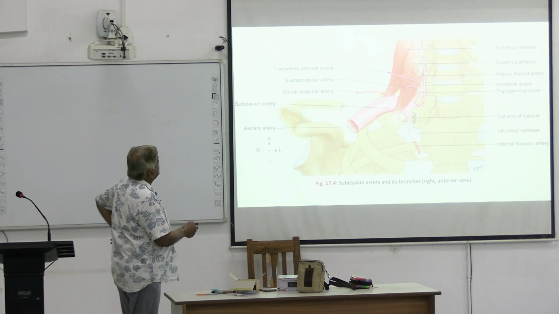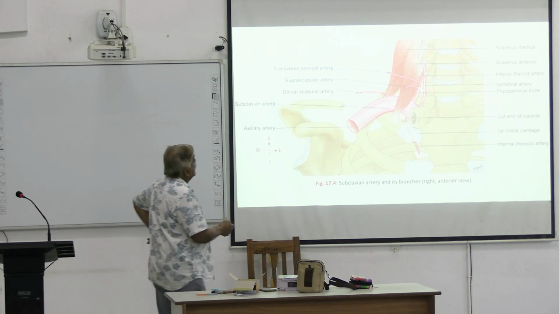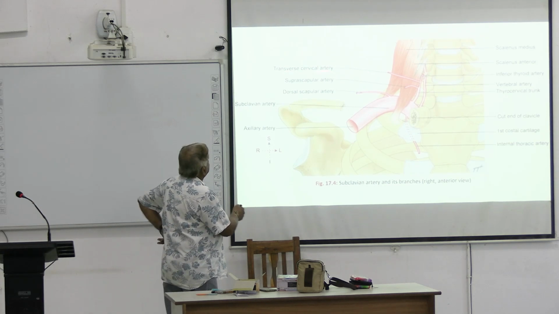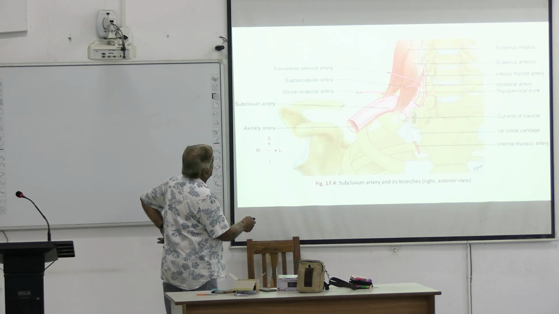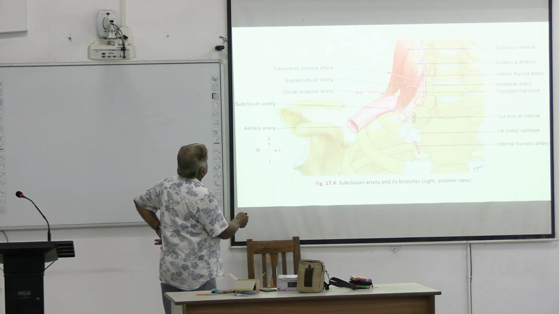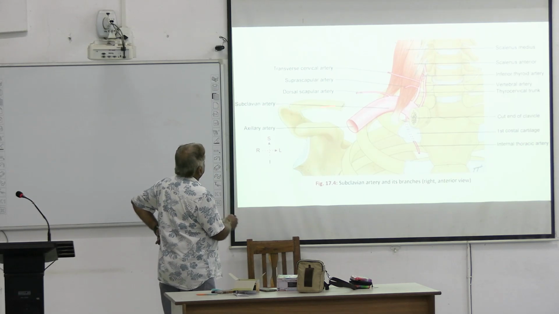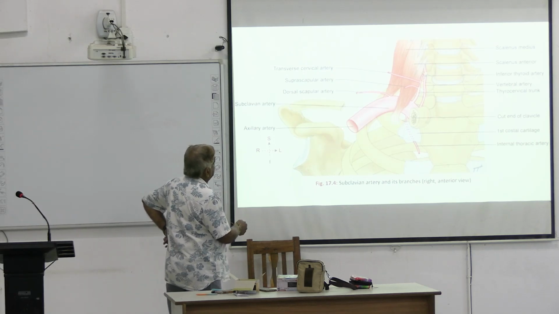This is the transverse cervical artery, the suprascapular artery is here, and thyrocervical trunk arising from the subclavian artery, the dorsal scapular artery here. Now subclavian artery, axillary artery.